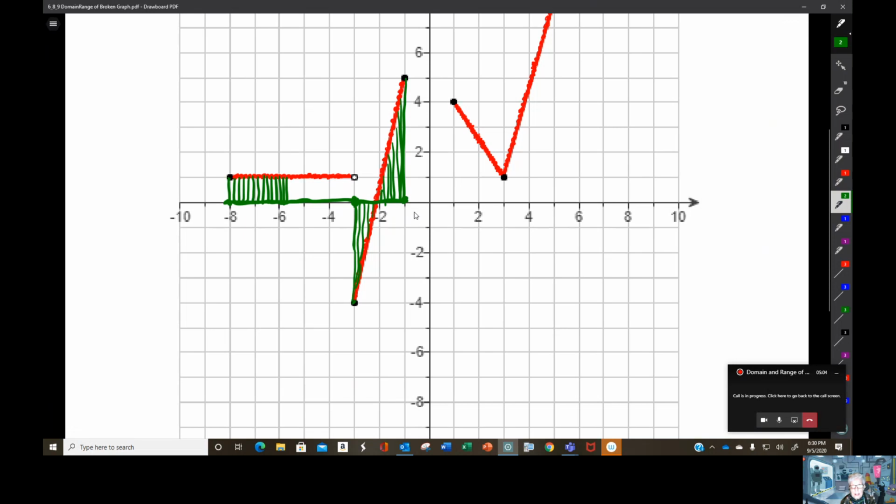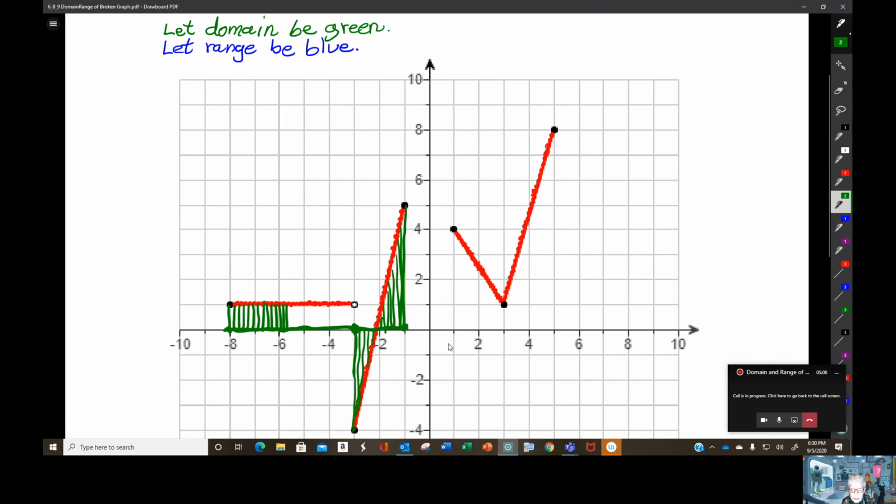Now, there is no graph until you get here. And then this point matches up with the x-axis, and then the points on the graph start matching up again. Their x-coordinates start matching up again with the x values on the x-axis.